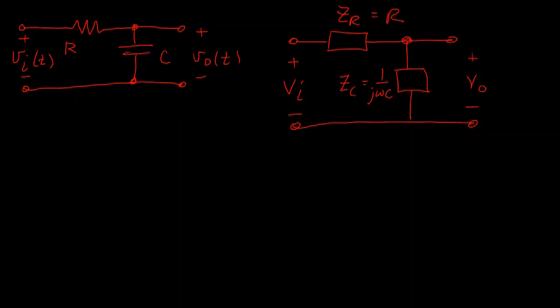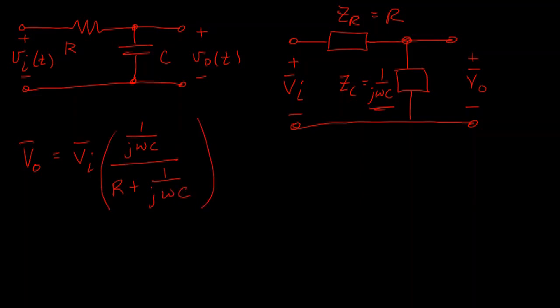Okay, so now this is a simple voltage divider, so we can say V out, the phasor, remember these are phasor quantities now, we're in the frequency domain, we've assumed that we have some frequency omega, is going to be the input voltage times 1 over j omega C, that's the impedance here, divided by the sum, R plus 1 over j omega C. Okay, so it's going to be that expression.